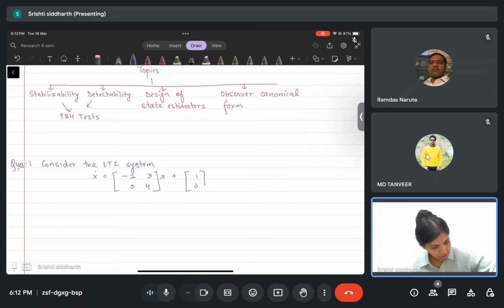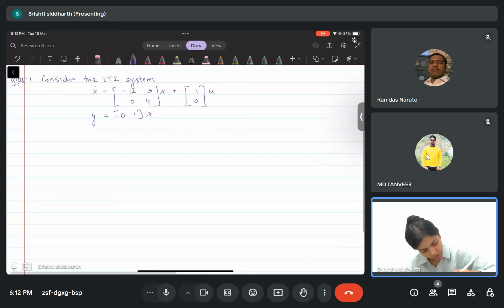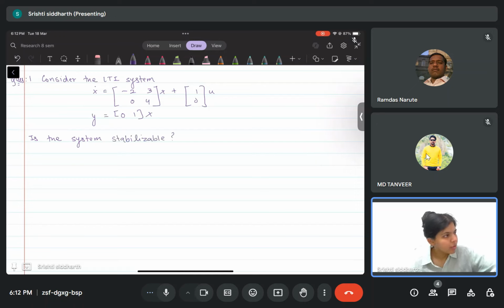And then we have this B matrix, and y equals 0, 1 times x. We are considering the output as the second state. We have to talk about stabilizability and detectability for the system.